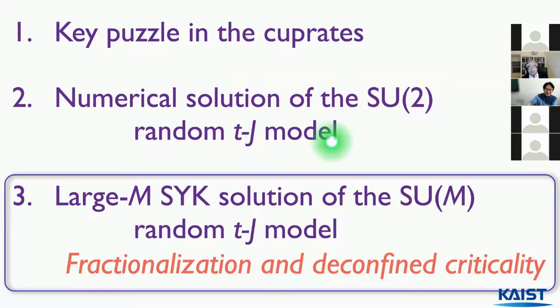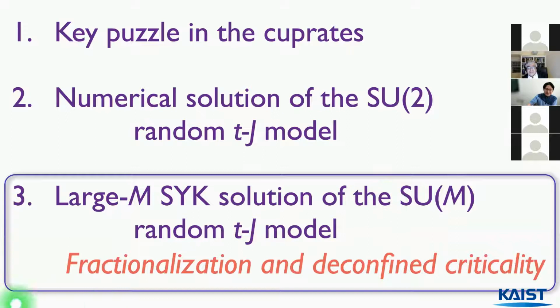But there is a model we can solve, and it's basically a model where you take the SU(2) and make it SU(M), and then take the large M limit. This is pretty much the original model, the SY model that we solved in '93, but now you dope it. Okay, so unlike the SYK model, when you take this limit, you get a new feature, and that turns out to be really crucial.